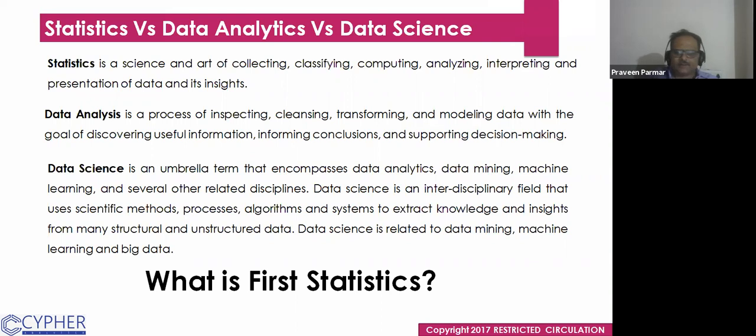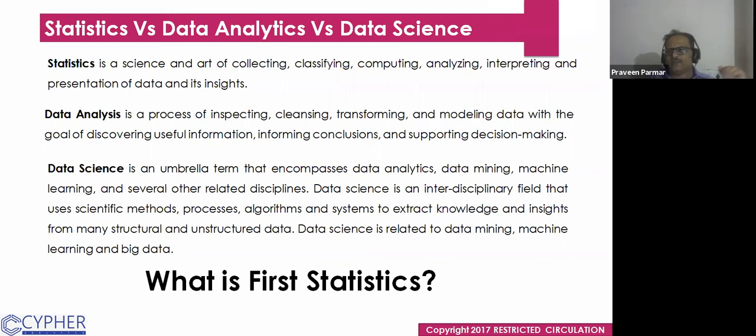The third thing is data science, an umbrella term that encompasses data analytics, data mining, machine learning, and several other related disciplines. It has everything.